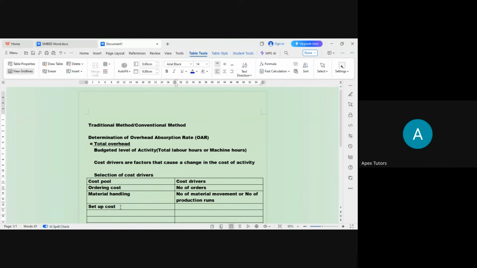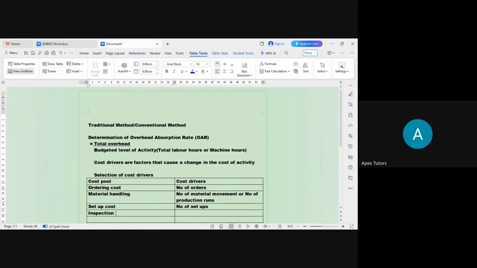Now you need to do some setup and you engage people. So what will determine the cost pool? The number of setup. So it is the number of setups that will determine the cost of setup.